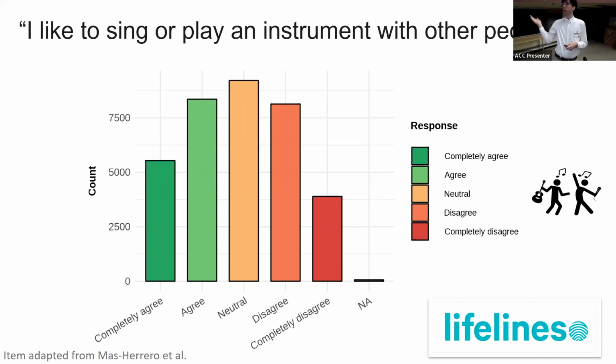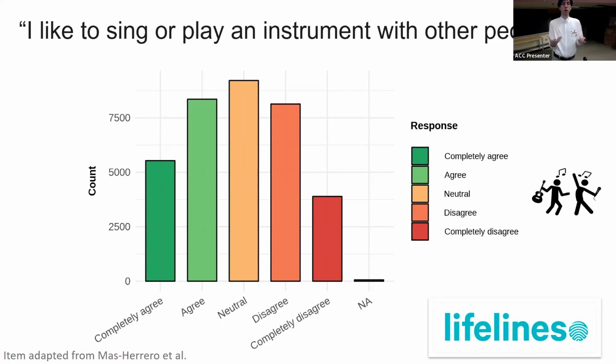We partnered with a cohort called Lifelines, which is a multi-generational study. They allow for follow-up studies, so we sent them a survey including Barcelona Music Reward Questionnaire items. One of the questions that we focused on was: I like to sing or play an instrument with other people. This question, as you can imagine, captures social music making enjoyment.